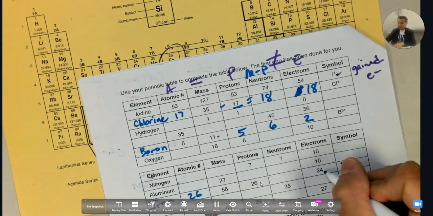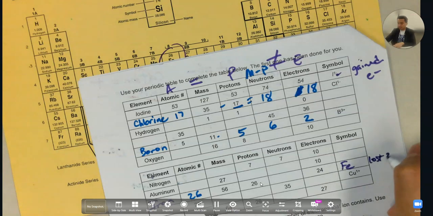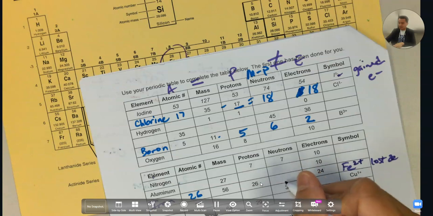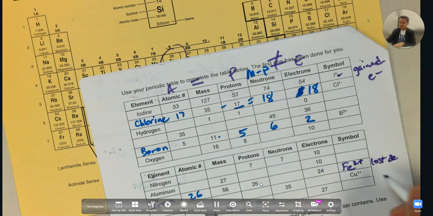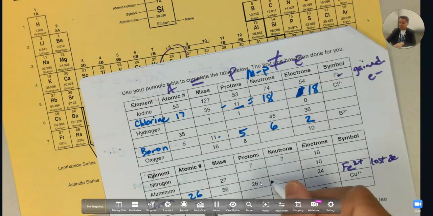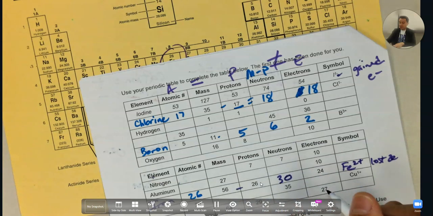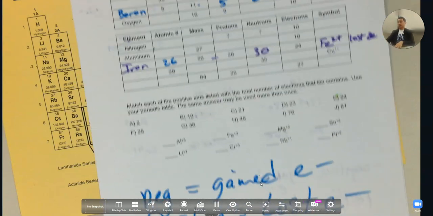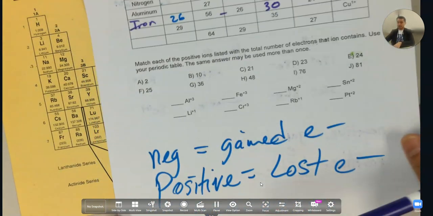Here 26 to 24, it lost 2 electrons, so then it's going to be 2+. Remember, lost electrons, positive. Neutrons is mass minus proton, so that's 30 neutrons. Pretty straightforward, pretty easy. All right, this is going to be a really short video then.